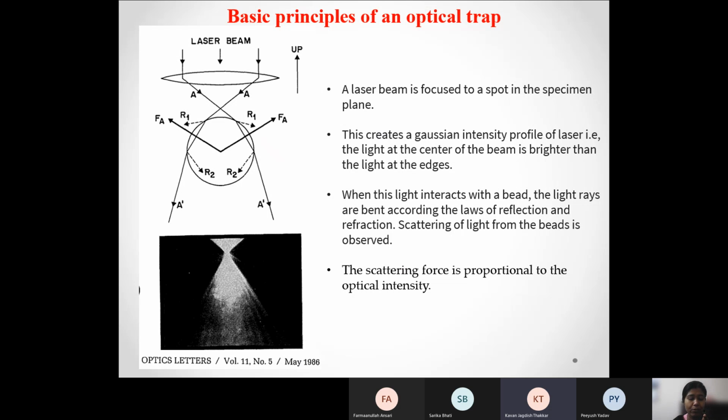So two effects come into force. One is the change in momentum that is obtained because the light hits these beads. And the second is that the dielectric bead is getting caught in the electromagnetic radiation around it. Both of these properties come together to push this bead back into focus.